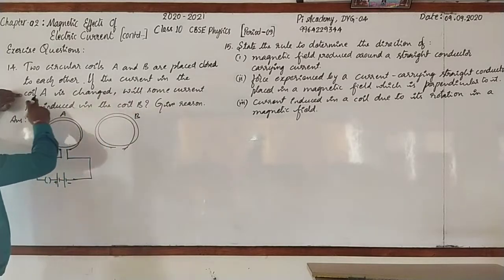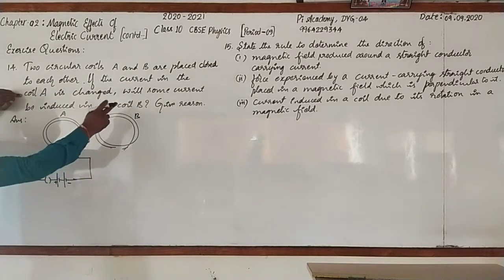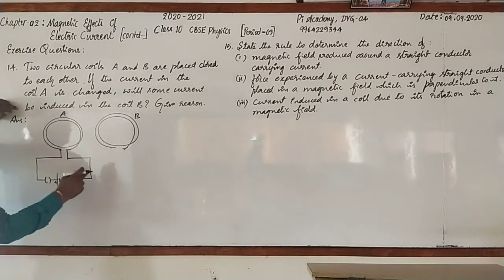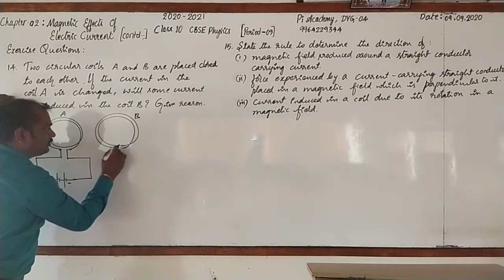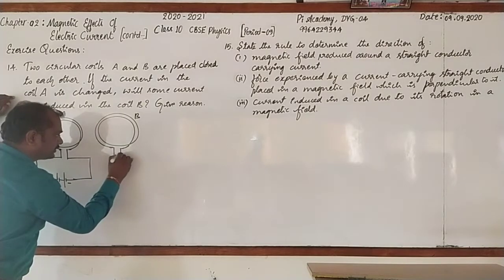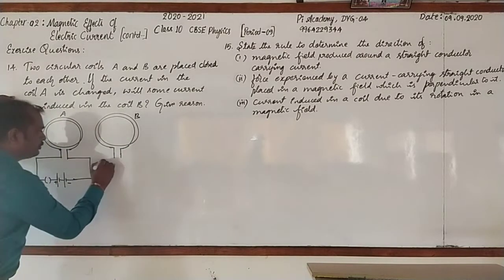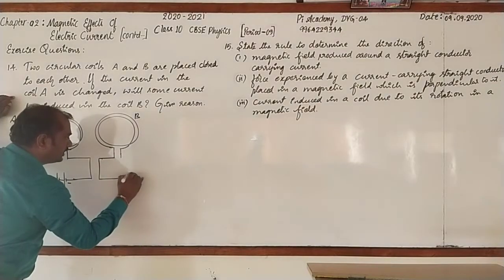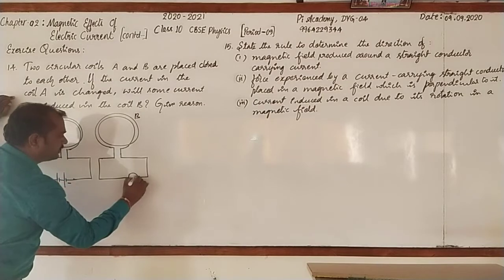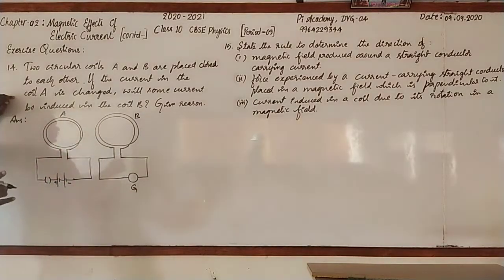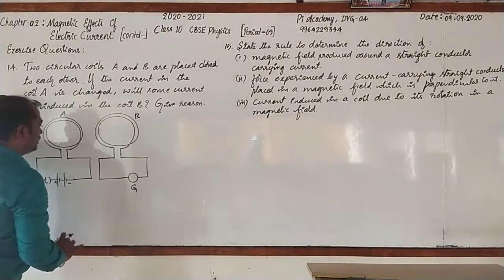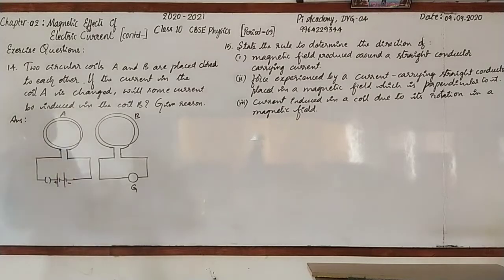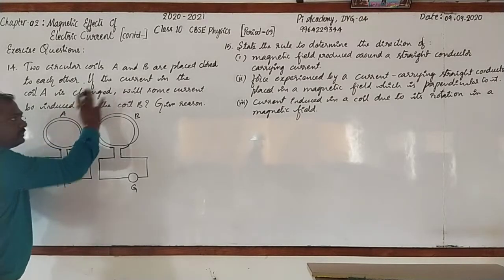As we are going to check whether the current is induced, the free ends of the second coil B should be connected to terminals of a device which detects the current, that is a galvanometer. Now, this is the figure related to the given statement.